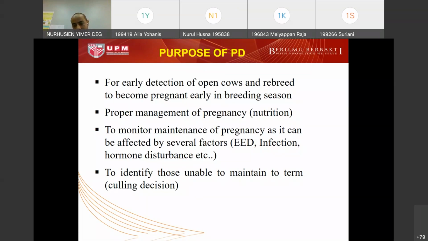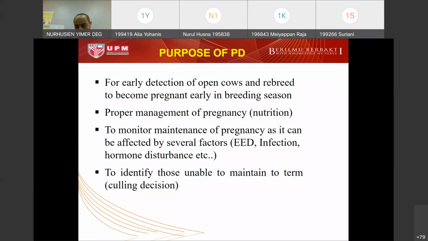So after 3 successive breedings, if this cow is not able to achieve pregnancy, by checking every post-breeding period, then you will have to decide to cull this animal because there's no benefit to keep this animal except loss. So that is another advantage or purpose of having pregnancy diagnosis in your reproductive management program.